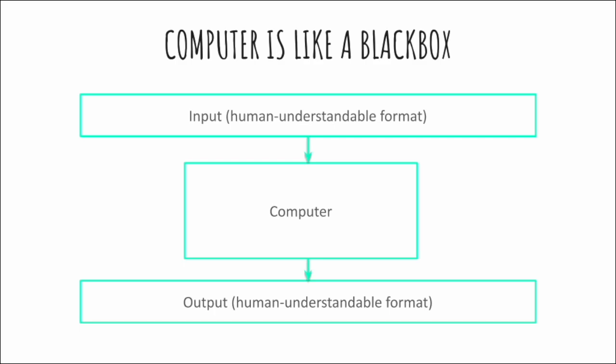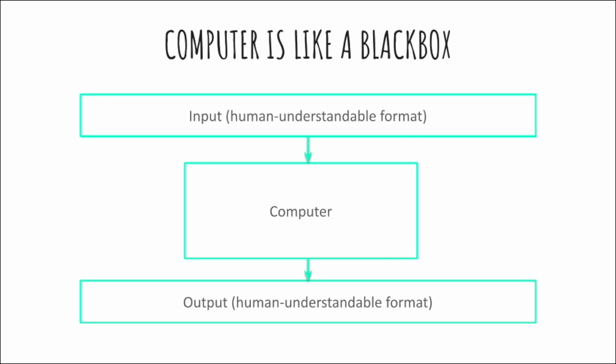So how does the computer understand them? There should be some translator which translates these alphabets or letters into zeros and ones, and then the computer understands that and does the processing over those zeros and ones. Then there should be another translator which translates the output zeros and ones back to letters or whatever we can understand.